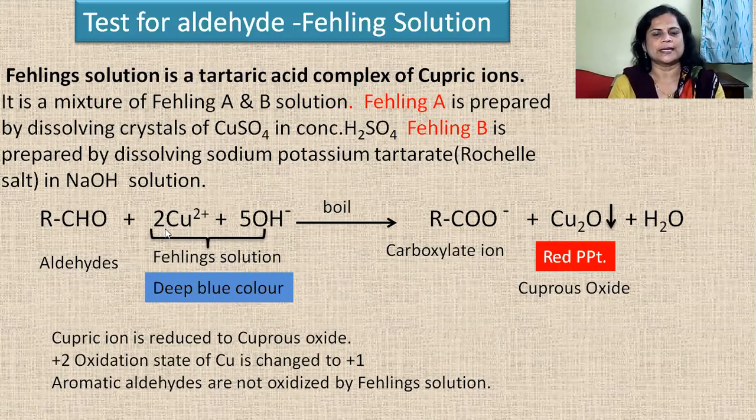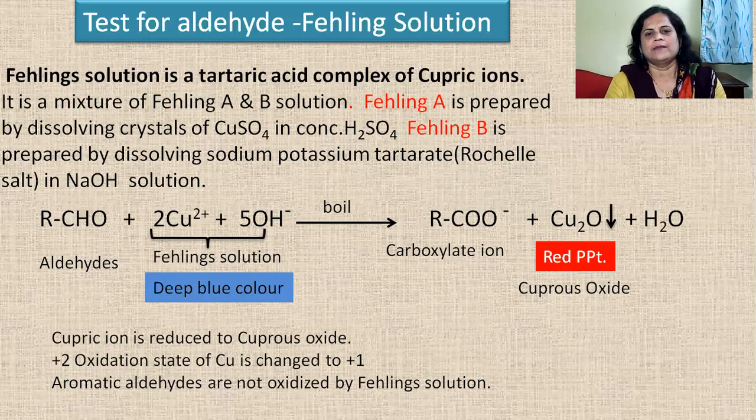The Fehling solution contains Cu2+ with OH minus ions, and it shows a blue color. When we add the Fehling solution to aldehydes and boil, they form the carboxylate ion with a red precipitate of cuprous oxide.